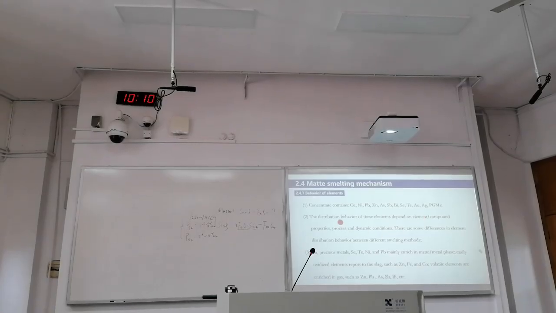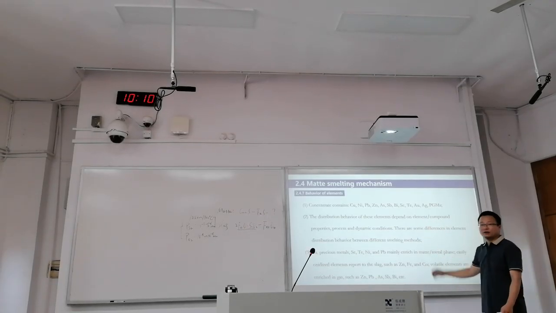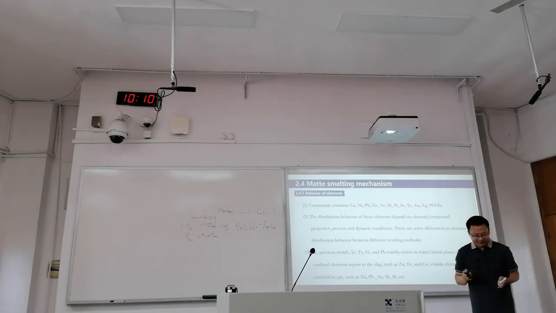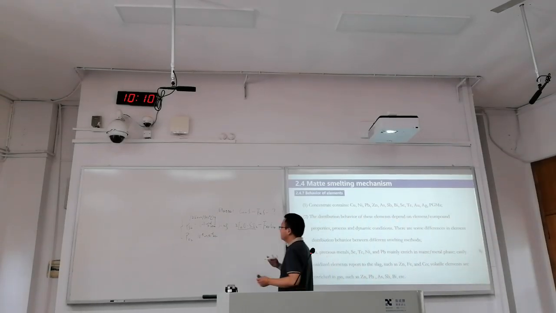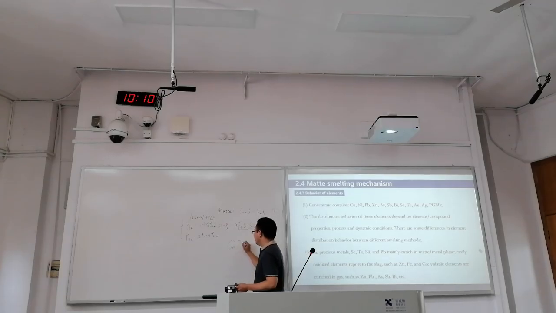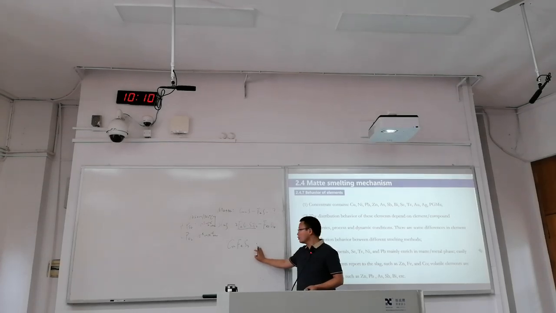And generally speaking, the behavior of our elements will be determined by several categories. The most important thing is the element and compound properties. This is very easy to understand. We are starting from CuFeS2. What is this? Chalcopyrite. This is our original mineral of copper, right?